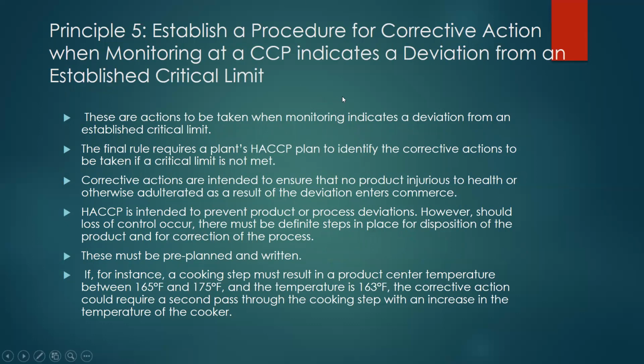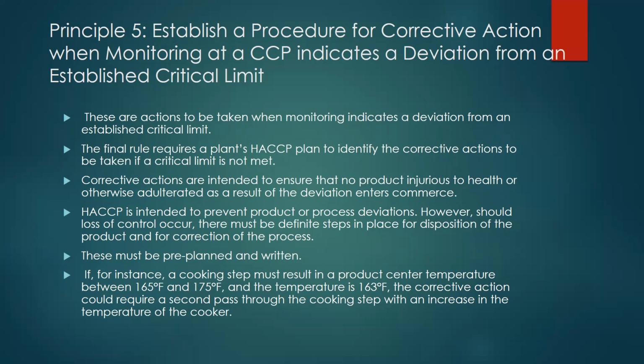Next is to establish a procedure for corrective action when monitoring at a CCP indicates a deviation from an established critical limit. So the fifth step involves the actions to be taken when monitoring indicates a deviation from the established critical limit.